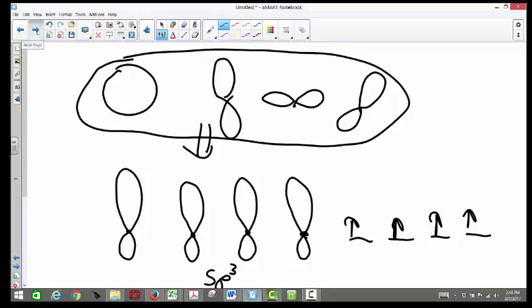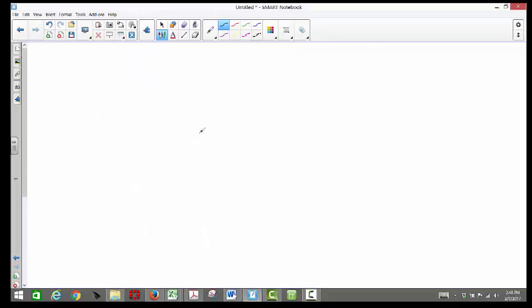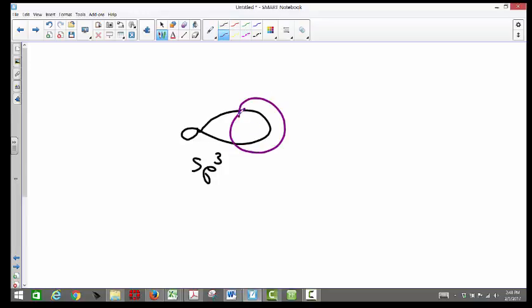So if we're talking about methane again, here is one of those sp3 orbitals, and here is my s orbital that is from the hydrogen, and that overlap of orbitals, that's the bond. That's the bond that I represented before as this. This could also work between 2 carbons.